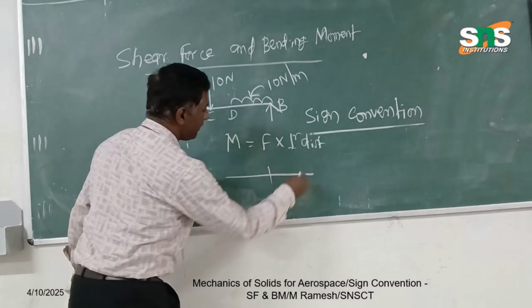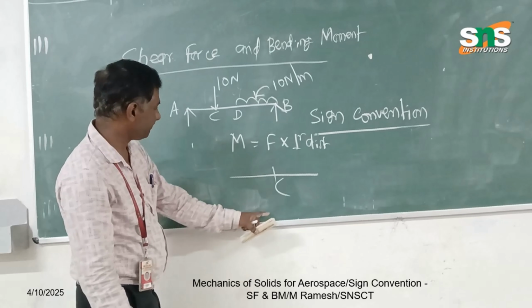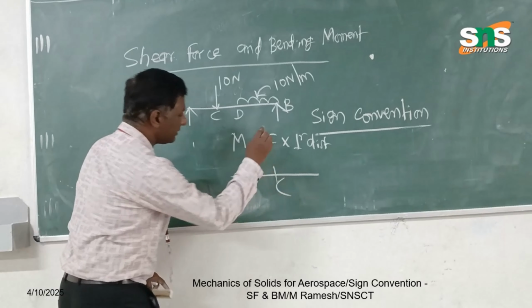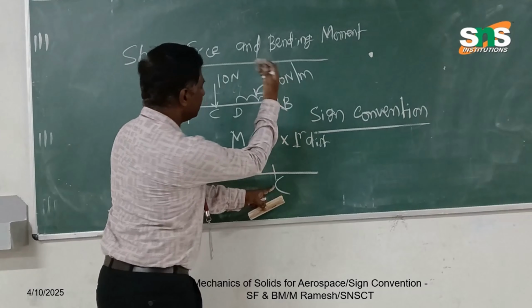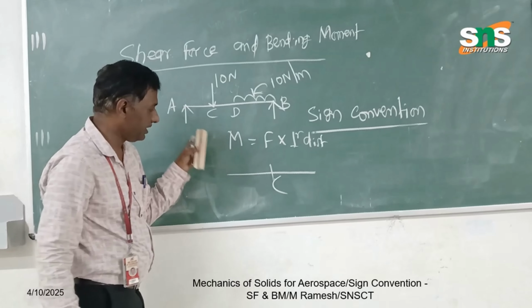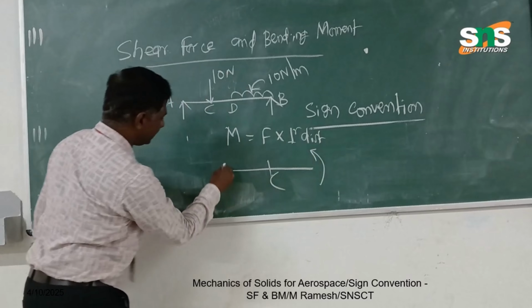I am having a point C, anything, and I am considering the moment about any point. Let's have C in between. On the right side you are having the loads, and on the left side also you are having the reaction loads.